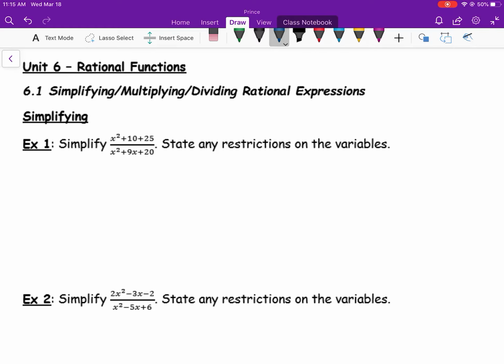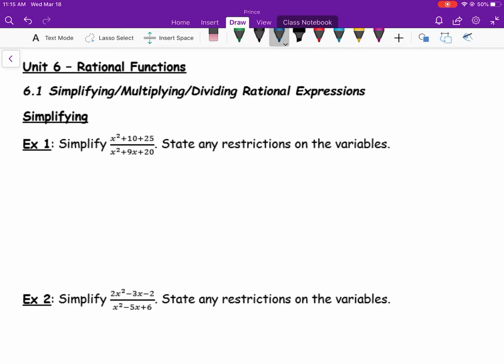Now, factor the bottom. We get x squared plus 9x plus 20. First times last, 20. Factors of 20 are 1 and 20, 2 and 10, 3 doesn't go in, and then we get 4 and 5.